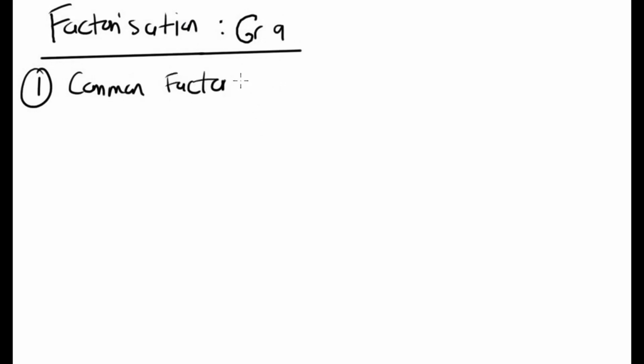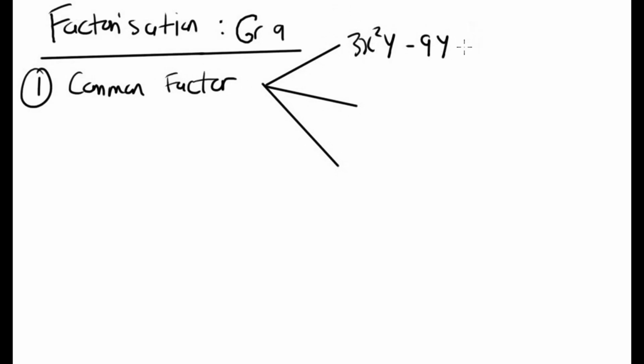And common factor can basically be divided roughly into three different types. The one type would be where you've got, for example, 3x squared y minus 9y. In this case, you're going to take out your common factor of 3y. Here you've got two terms, term 1 and term 2.